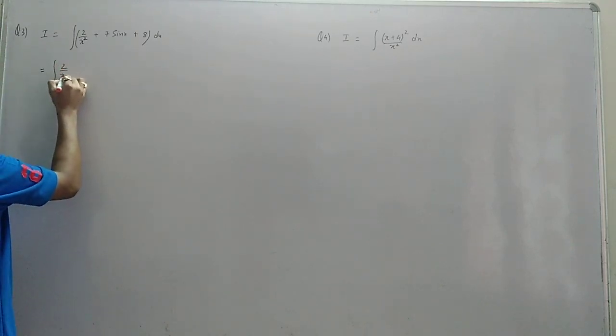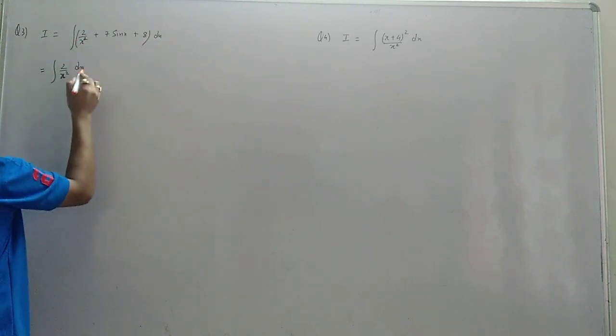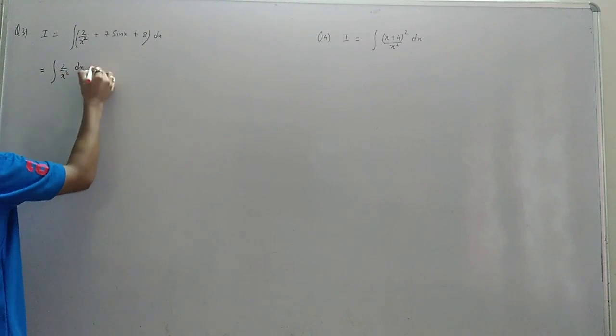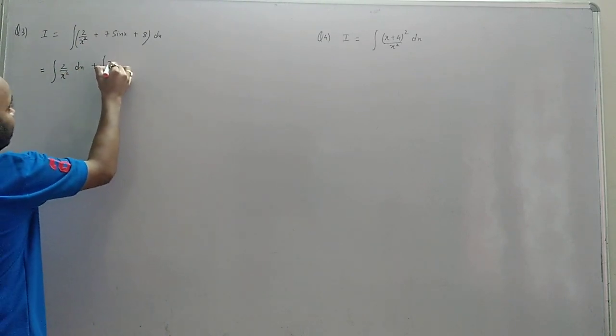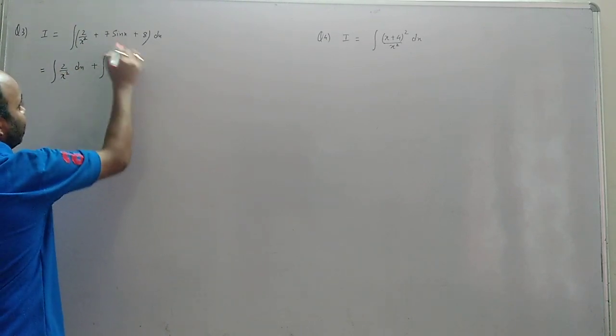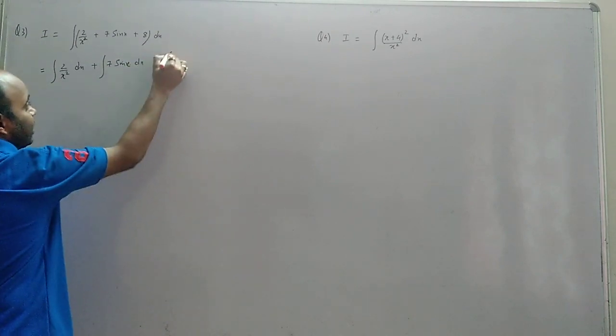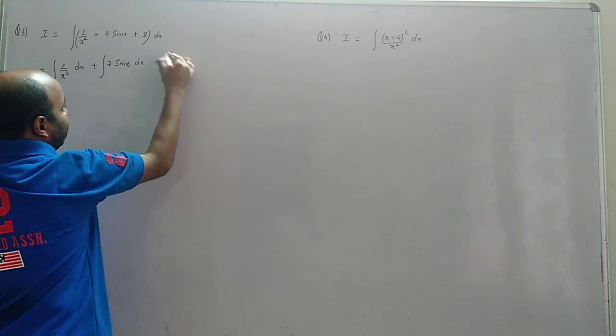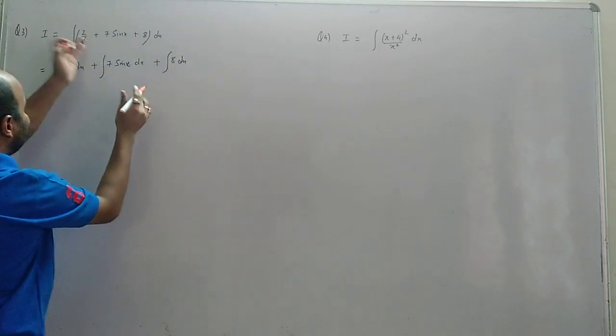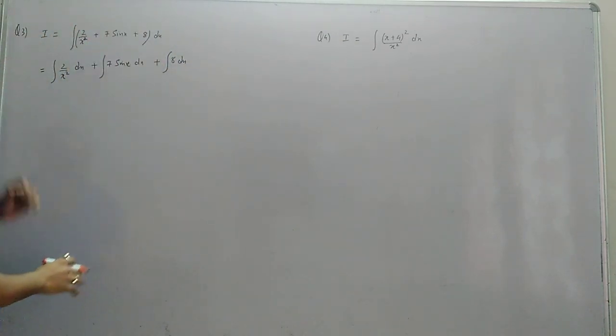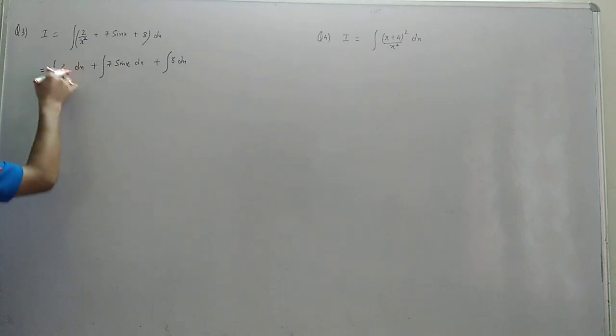Integration of first term dx, 2 by x square dx, plus integration of second term 7 sin x dx, plus integration of 8 dx. So from here integration, from there dx will come. Okay, now this is one single integration.